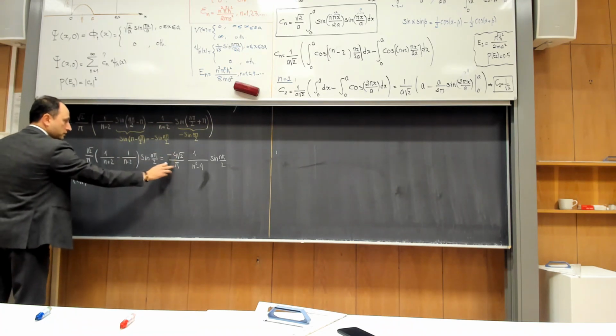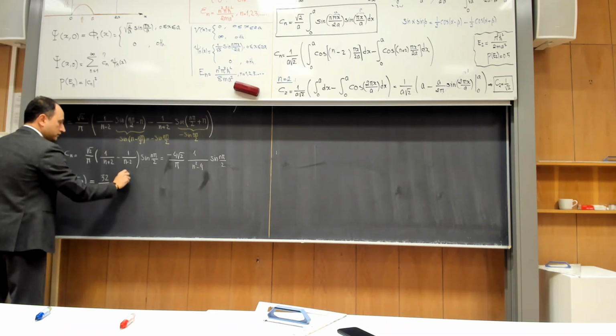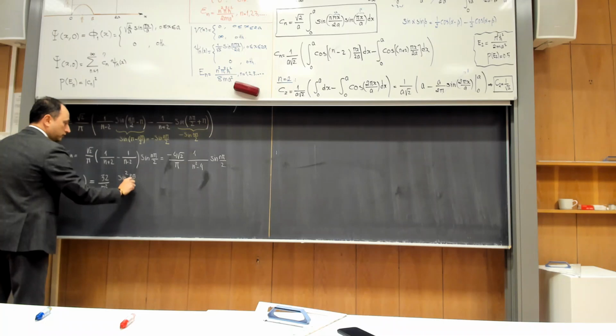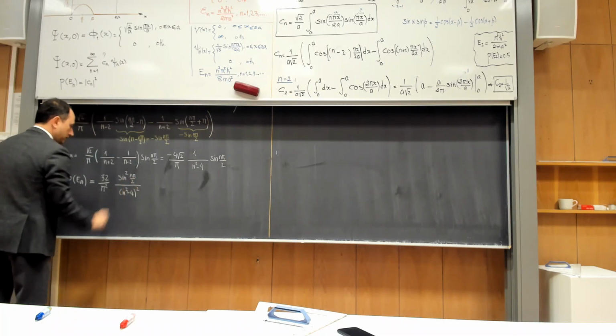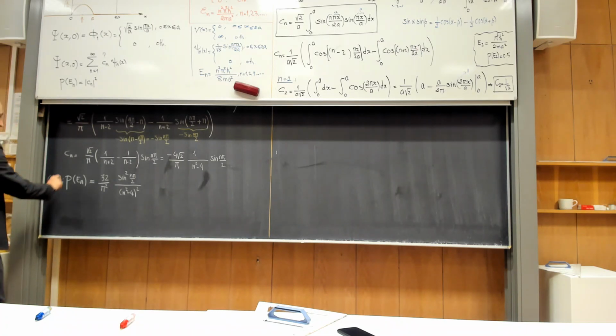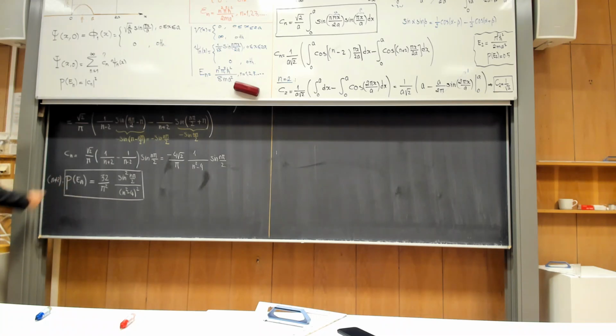And then this becomes pi squared. Then I will have sine to the power of 2 of n pi over 2, divided by (n squared minus 4) to the power of 2. So that would be the probability of other energy levels if n is not equal to 2.